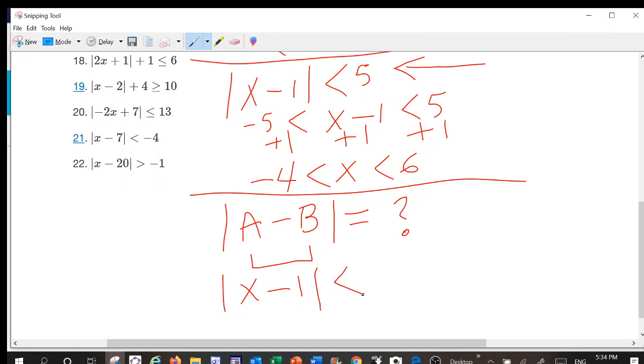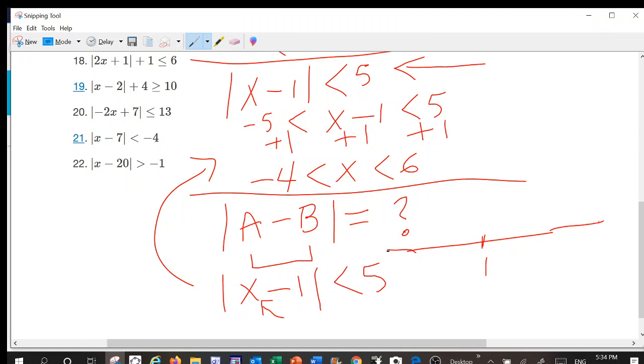Now, when I put that less than 5, like in this problem, what I mean is that I'm looking for numbers whose distance from 1 is less than 5. So on the number line, if this is number 1, what are the numbers whose distance from 1 is less than 5?